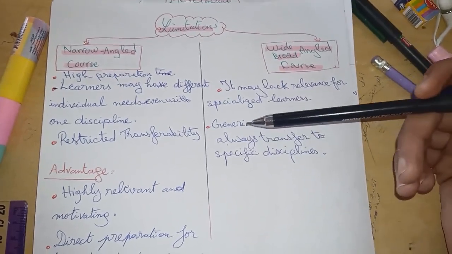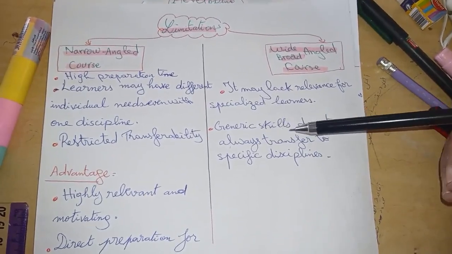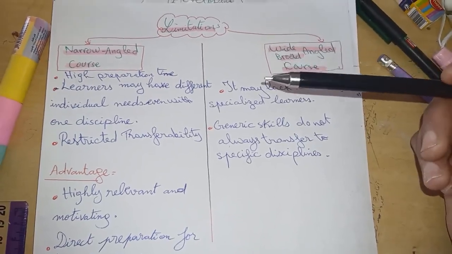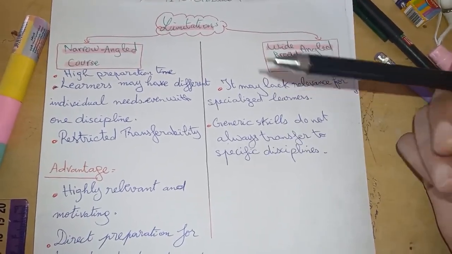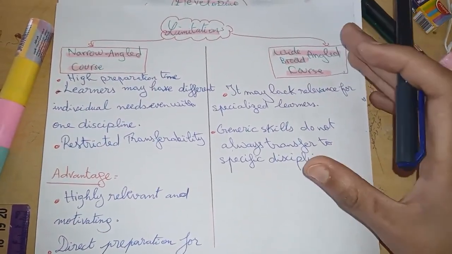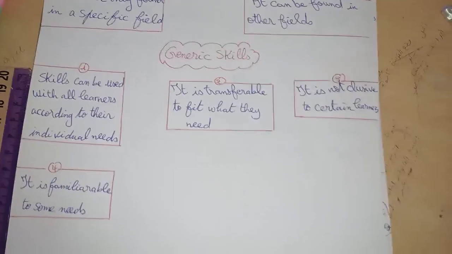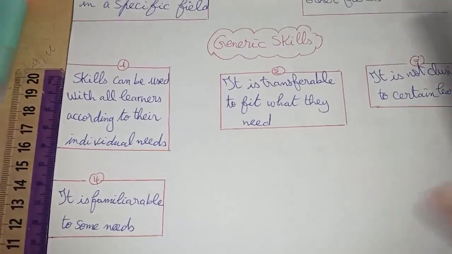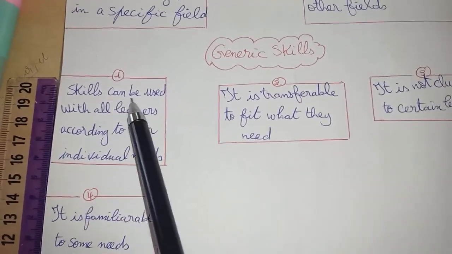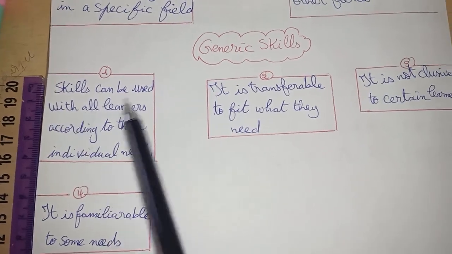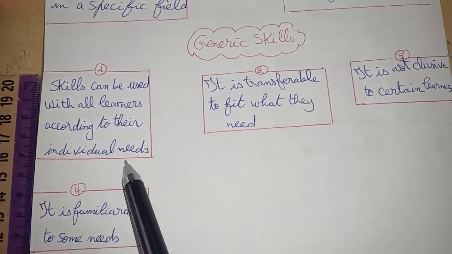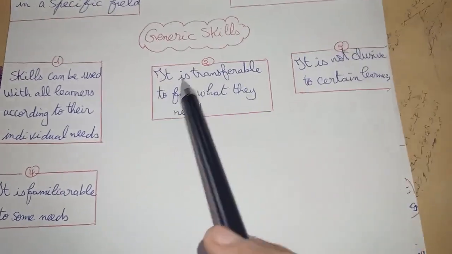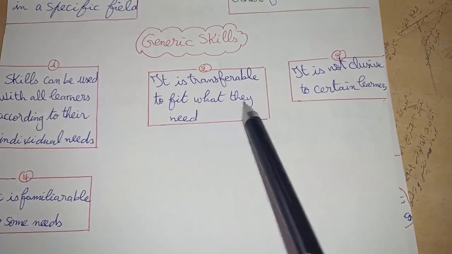Also, we talk about generic skills. Generic skills do not always transfer to specific disciplines. First of all, what are generic skills? When we talk about generic skills, we mean the skills that learners need. For example, they are skills that can be used with all learners according to their individual needs, such as summarizing, listening, speaking, etc. They are transferable to fit what they need.